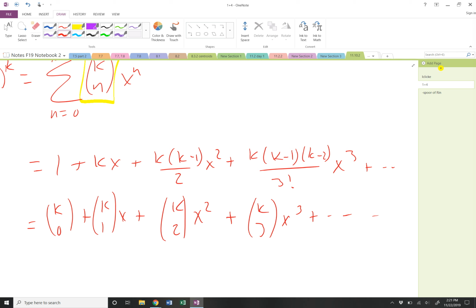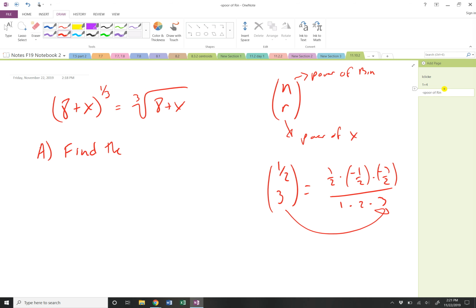So use the binomial theorem to find the power series of the cube root of 8 plus x centered at 0.